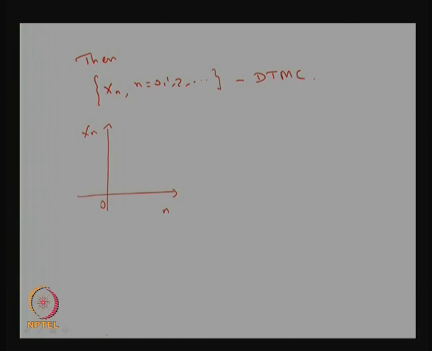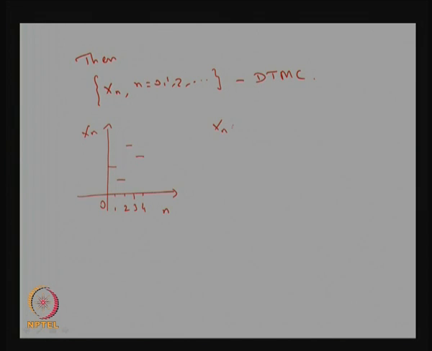Suppose at n equal to 0 it started with some value, at n equal to 1 it would have a different value, and at n equal to 2 a different value. These values could be finite or countably infinite in number. Therefore the state space is discrete and the parameter space is discrete. So it takes different values over n, and this is the sample path or trace of the stochastic process X_n.